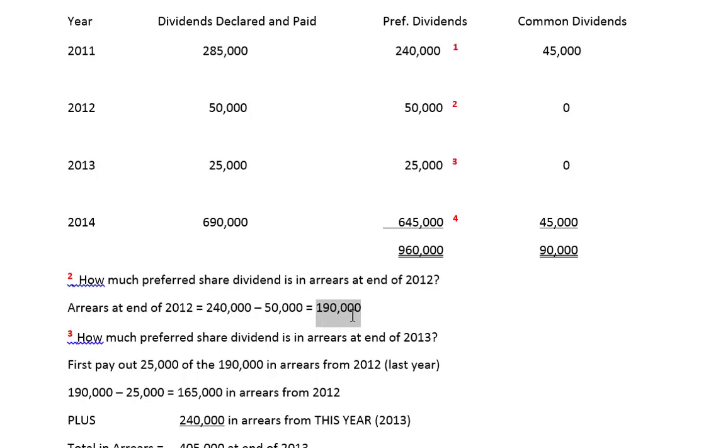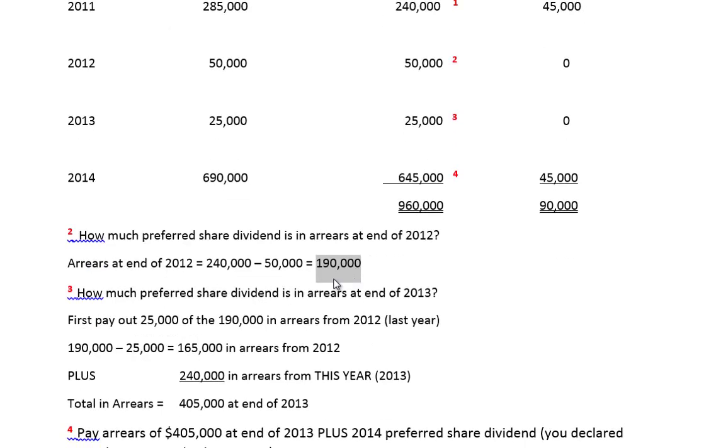Now that $190,000 is not a liability. Why? Because they only declared $50,000. The liability is for $50,000 and they're paying it. So once they pay it, it's no longer a liability. But the $190,000 only becomes a liability once it's declared. That's part of their entitlement for 2012, but they didn't get it. They only get what's declared.